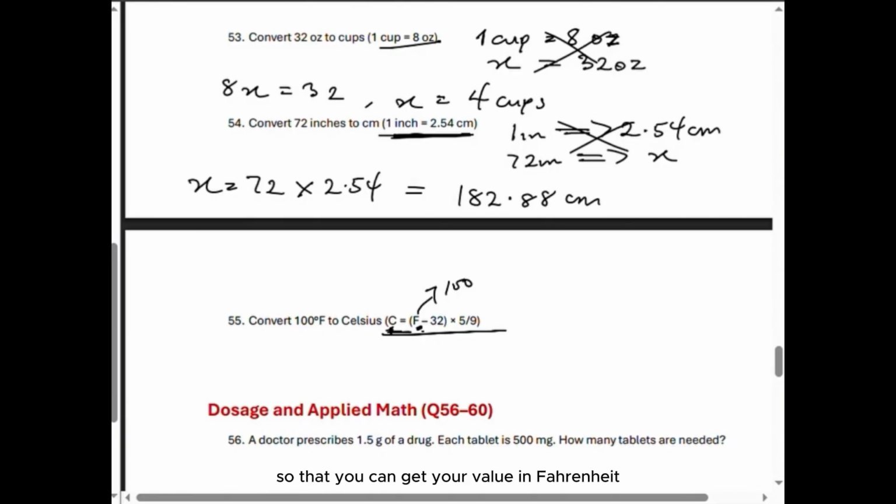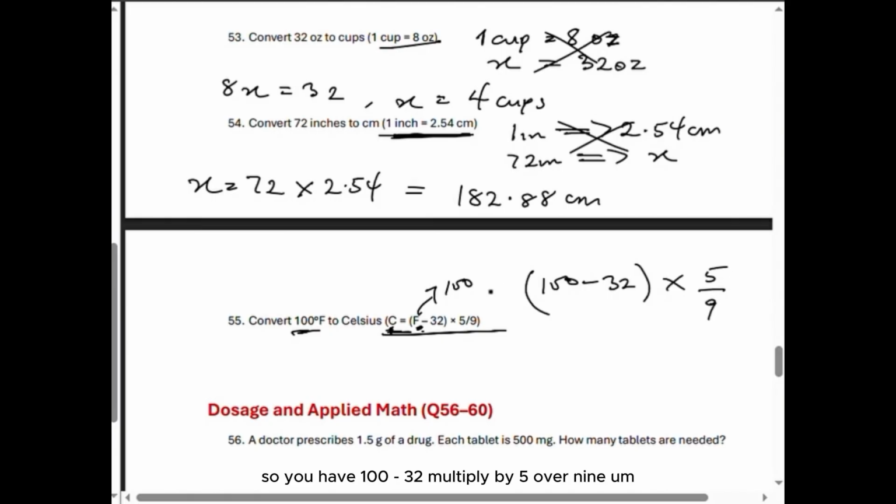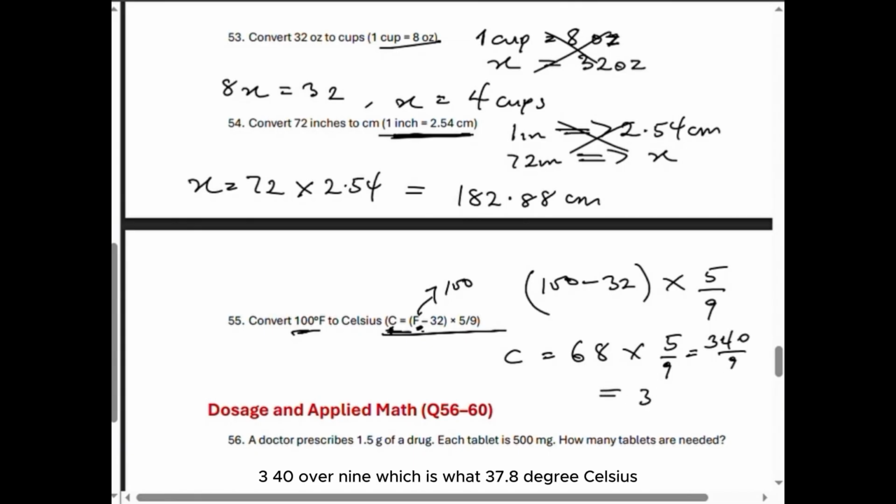But now you're looking for Celsius, so it's very easy. You put in your 100. So you have 100 minus 32, multiplied by 5 over 9. C equals 100 minus 32, which is 68, times 5 over 9, which is 340 over 9, which is 37.8 degrees Celsius.